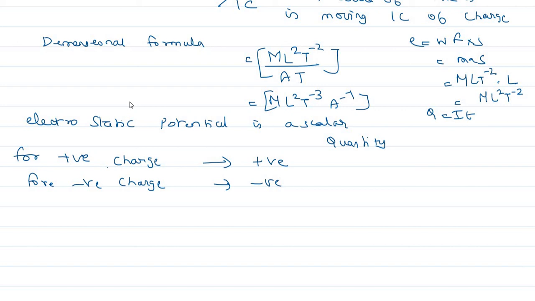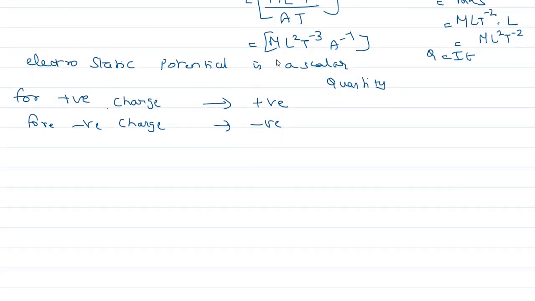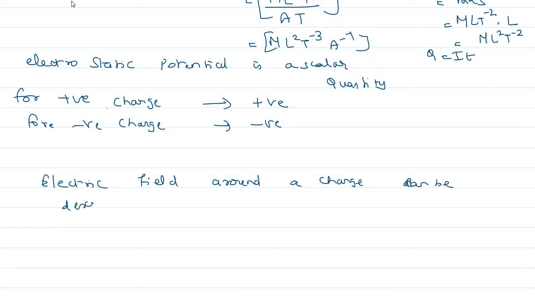Now, why do we need to learn this electric potential? The electric field around a charge can be described in two ways. One is through the electric field, as we have seen in the first chapter. The second one, we can see through the electrostatic potential.